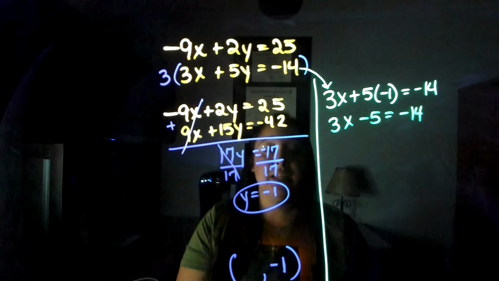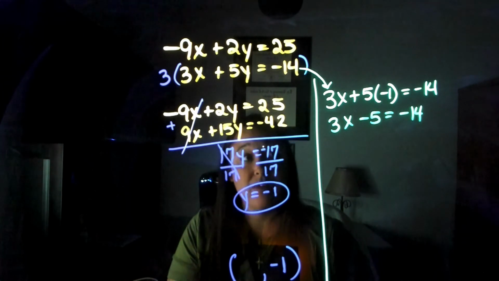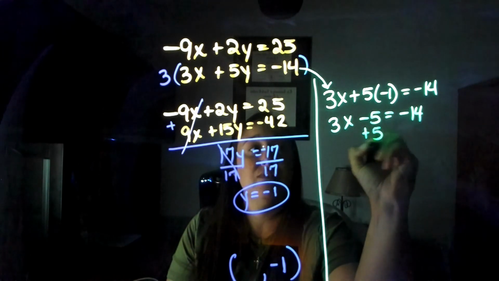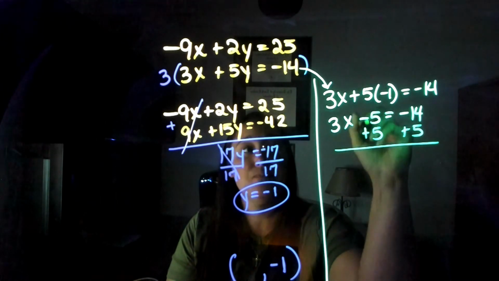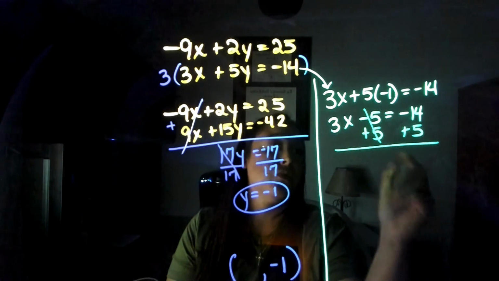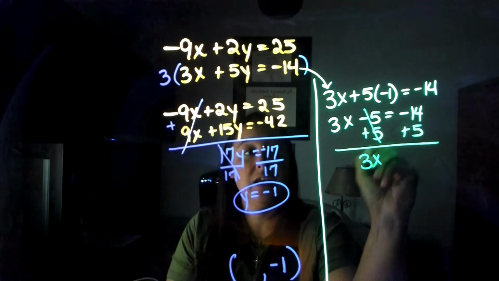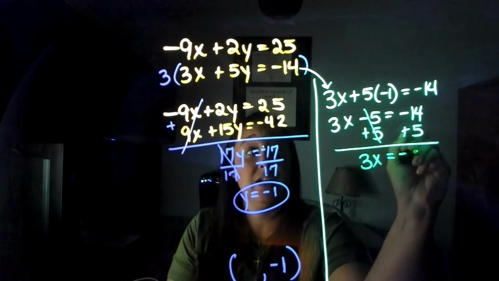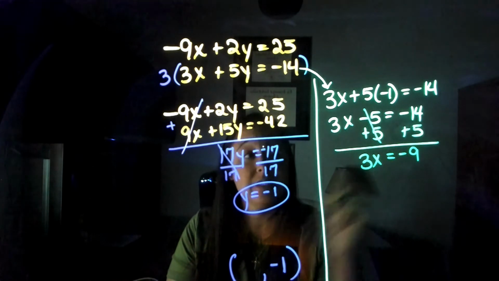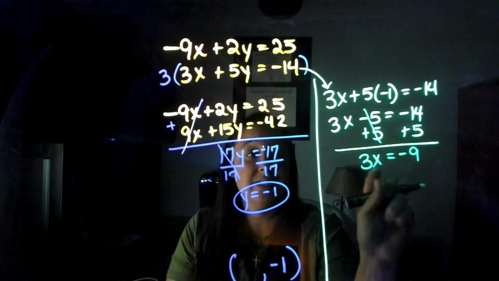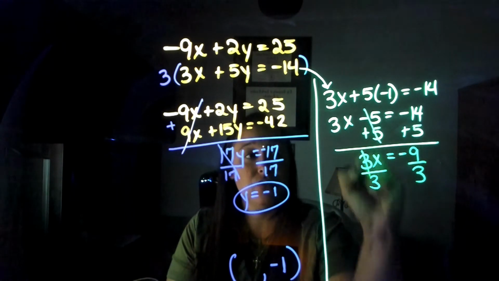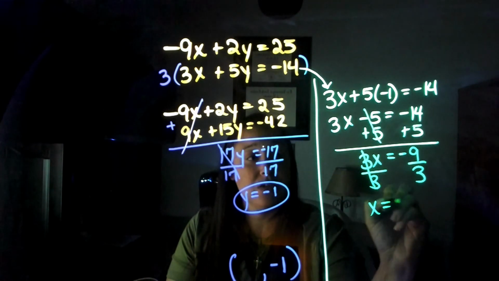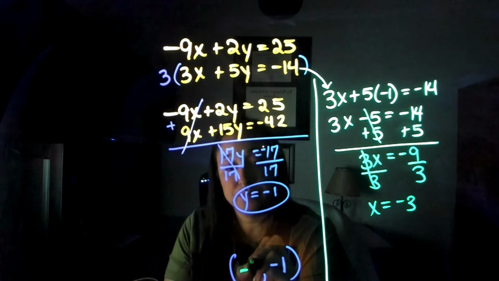I just multiplied that negative 1 and that 5, got negative 5. I'm going to bring that 5 to the other side, and that is going to give me 3x is equal to negative 9, right? Now I want to isolate that x, so I'm going to divide both sides by 3, so I get that x is equal to negative 3.